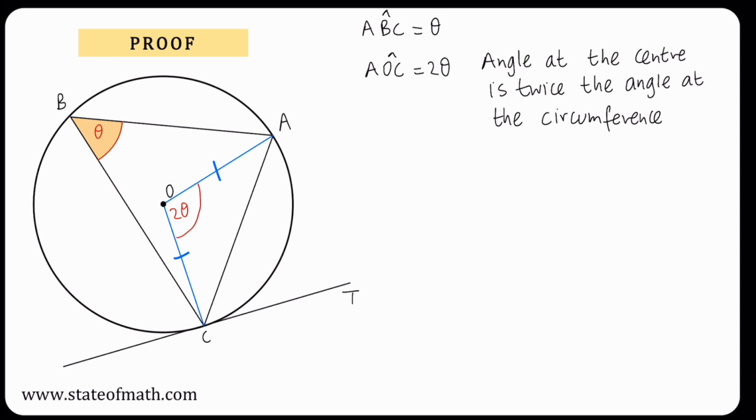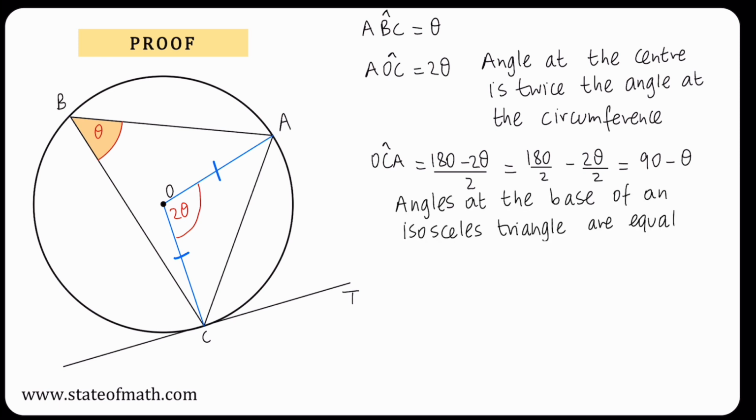So we can say that angle OCA is 180 minus 2 theta over 2. This works out to be 180 over 2 minus 2 theta over 2, which simplifies to 90 minus theta. The reason is that angles at the base of an isosceles triangle are equal.